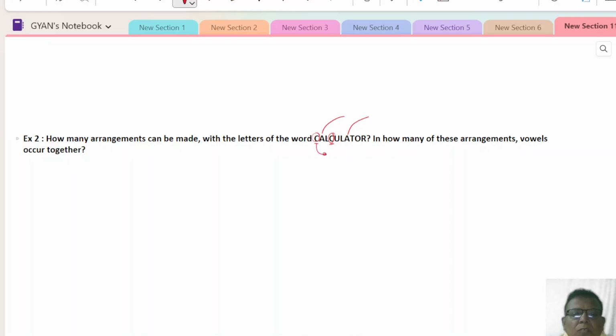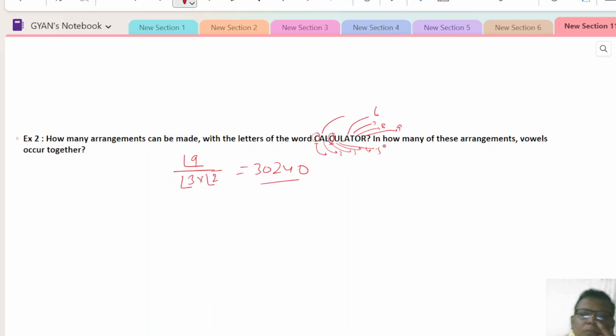Total 1, 2, 3, 4, 5, 6, 7, 8, and 9. Then the answer will be factorial 9 divided by factorial 3 into factorial 2. This will be the answer, which is equal to 30240.